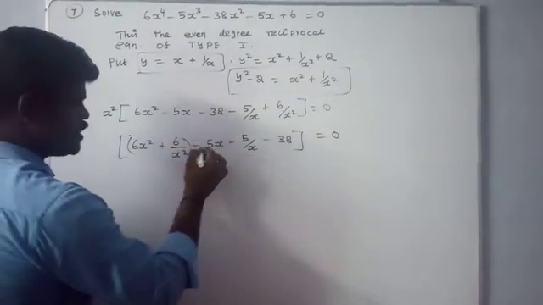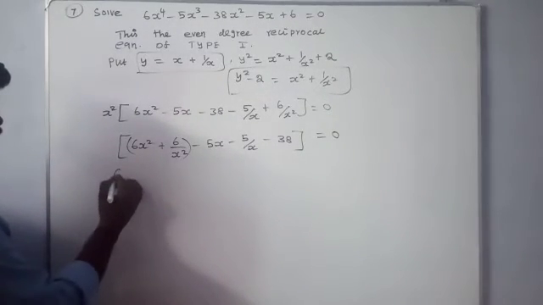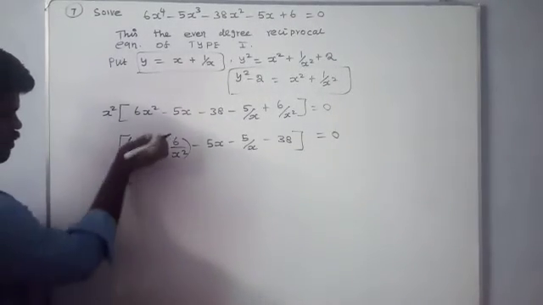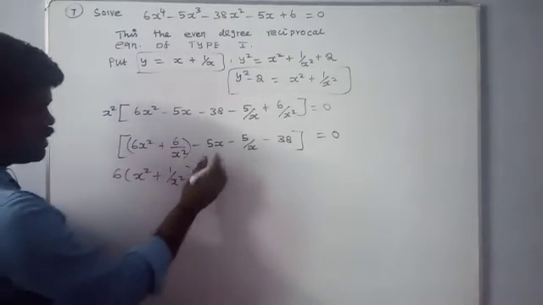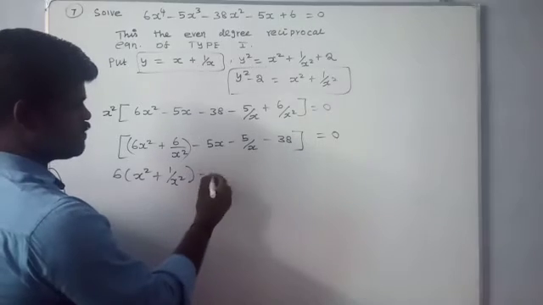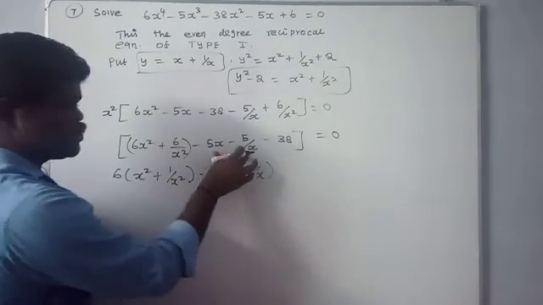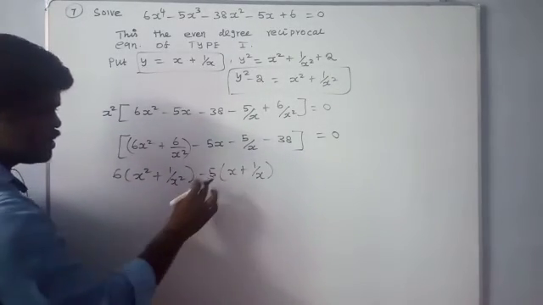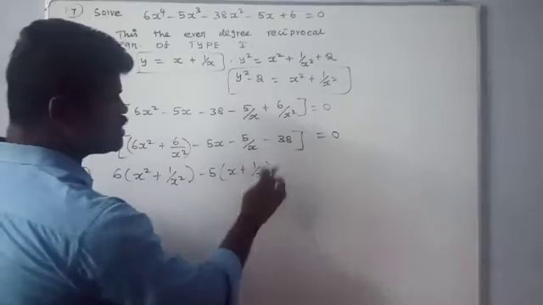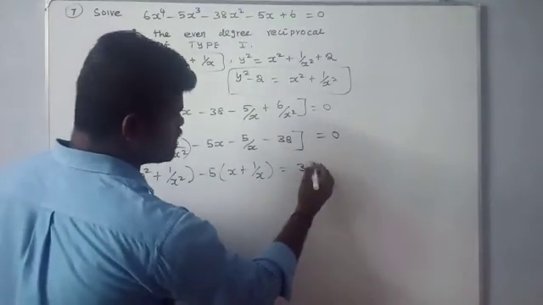Now take 6 outside: x squared plus 1 by x squared. And take minus 5 outside: x plus 1 by x. Take minus 38 to that side, plus 38.